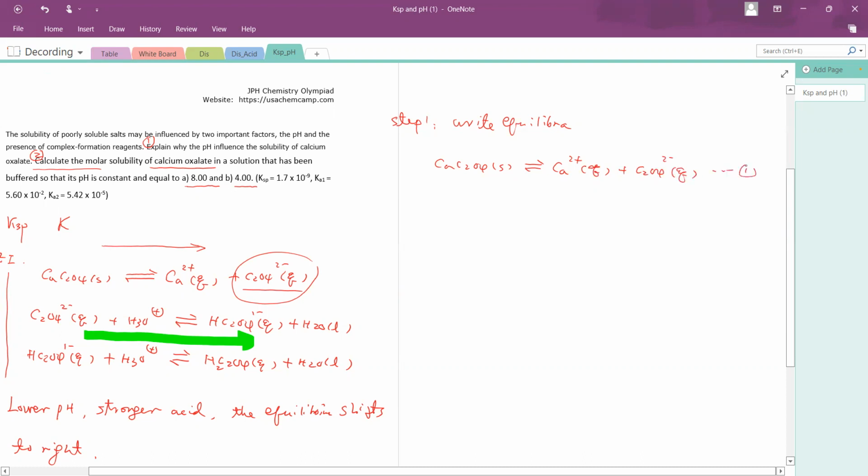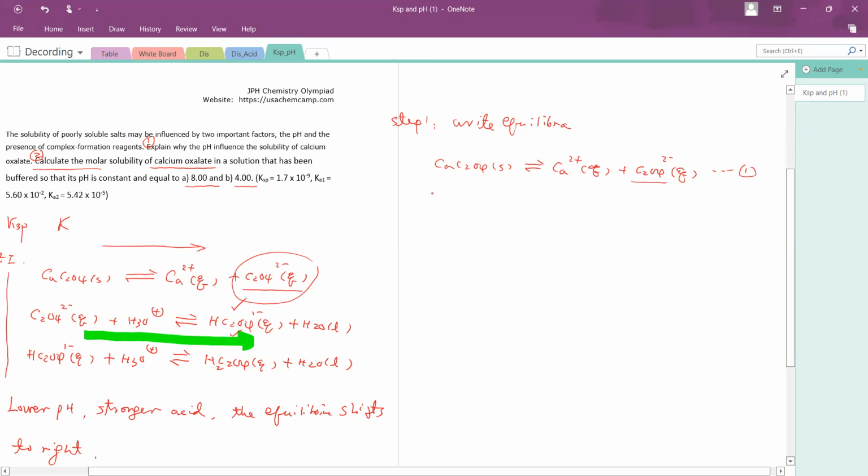Please pay attention to charge and also the states, solid, aqueous. Now, as we know, oxalate ion reacts with water to form hydrogen oxalate and oxalic acid. So they have two equilibria.